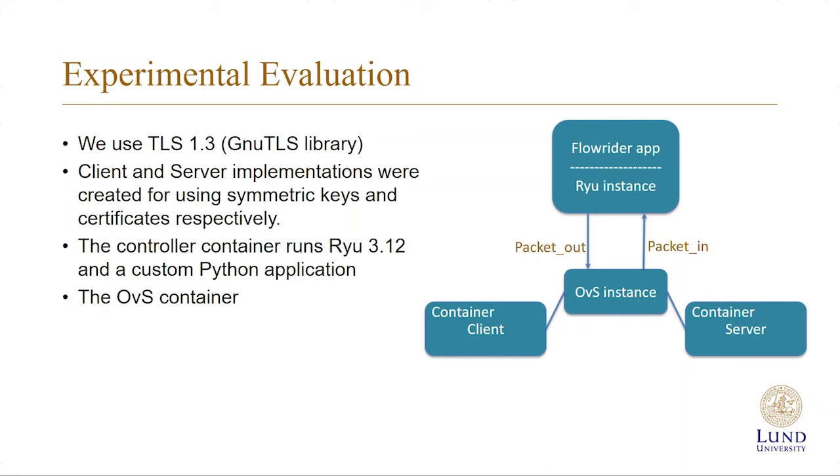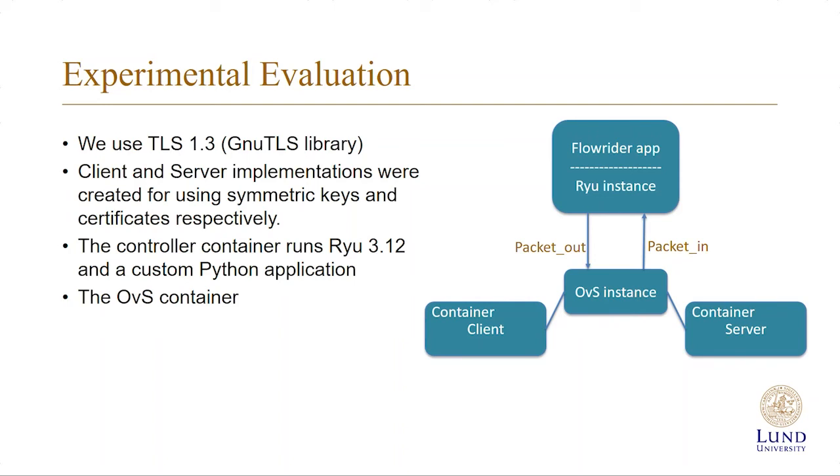Now I would like to talk about our experimental evaluation and our results. In our experiments, we have used the TLS 1.3 with the GNU TLS library. We have 4 Docker containers. Client and server implementations were created for using symmetric keys and certificates, respectively.